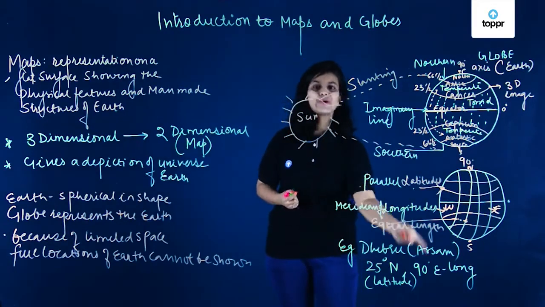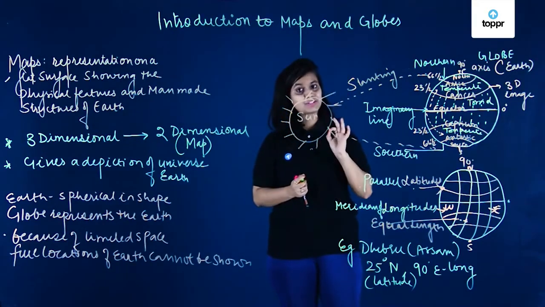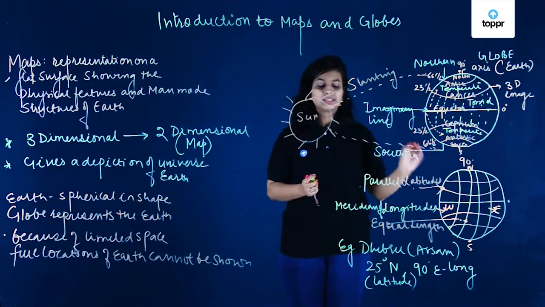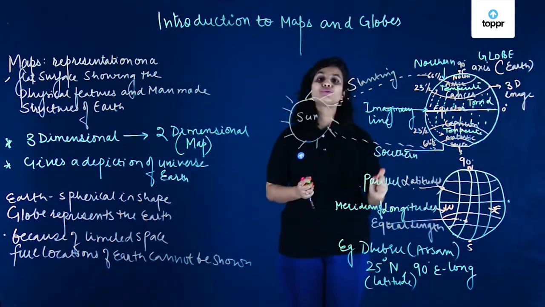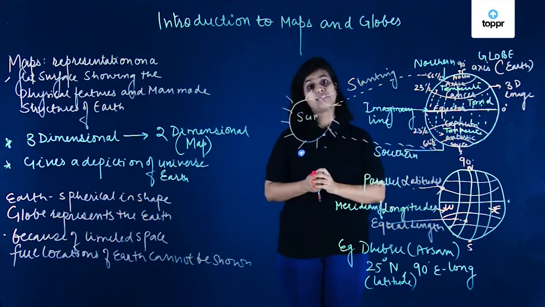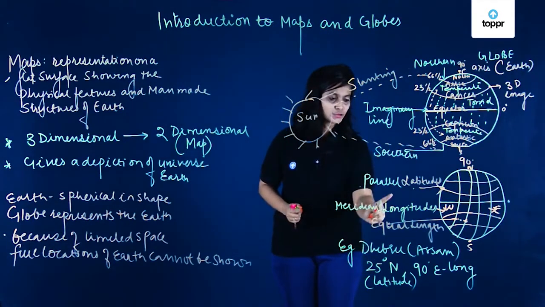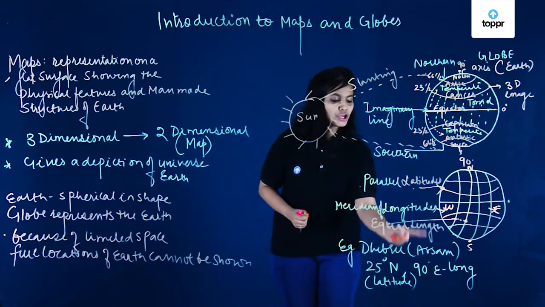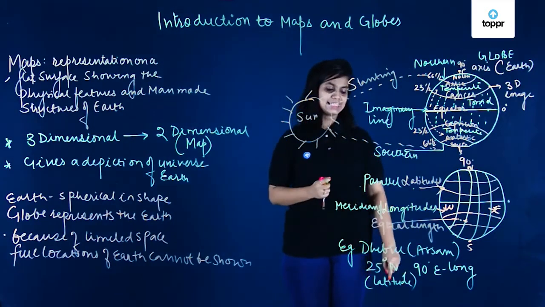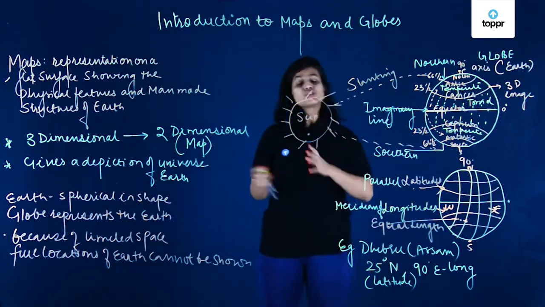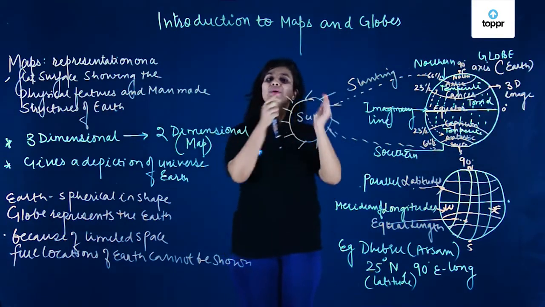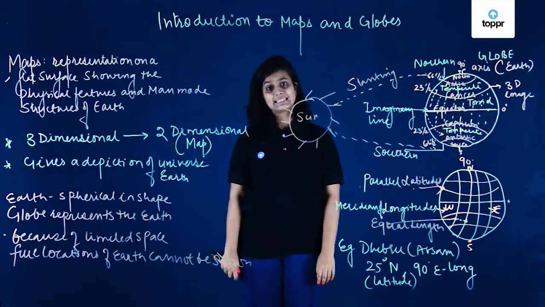That point is Dhubri in Assam. The meeting point of latitude and longitude will be the location you are looking for, because you have the measurements: latitude of 25 degree north and longitude of 90 degree east. This is the reason you can easily locate places.